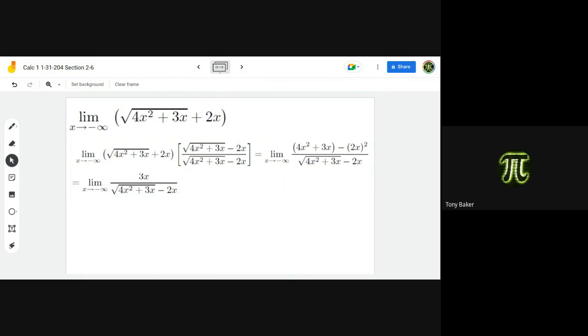So we want to divide by the highest degree on the bottom, right? What's the highest degree on the bottom? But it's under a square root. So it's x. So I'm dividing everything by x.